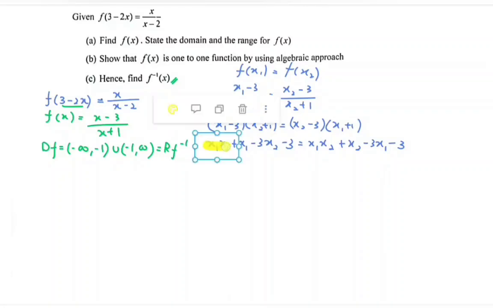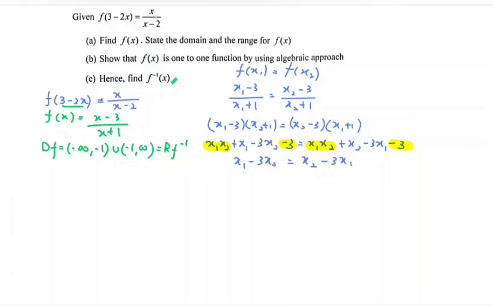Notice that we have the same element in here, so we will have 0. Same element for this part, again we will have 0. So at the end, the simplest form would be x sub 1 minus 3x sub 2 equals x sub 2 minus 3x sub 1.